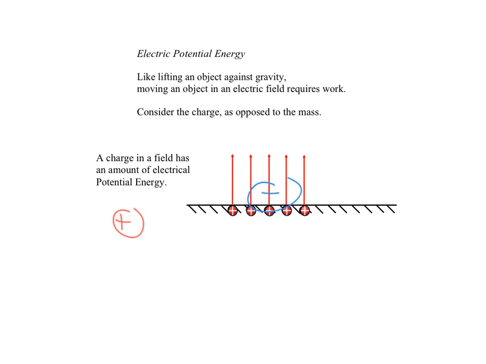And if I wanted to lift the negative charge in the field, I would be moving it this way. I would have to do work on it, and that work would give it potential energy. With the positive charge, it's just the opposite. Like charges repel one another, so if I let the positive charge go, it would get pushed this way by the field, and so really lifting the positive charge in this particular case is just moving the charge against the field, which requires force.